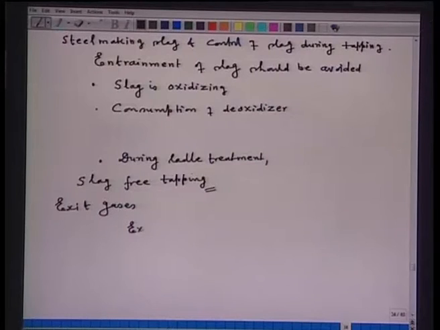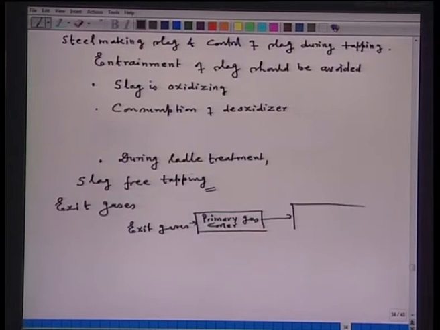So, these exit gases are cleaned. They are taken into the primary gas cooler. From there they go to the dust catcher, because you have to remove the dust.